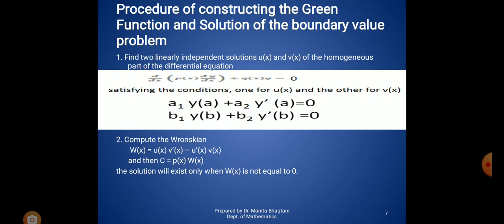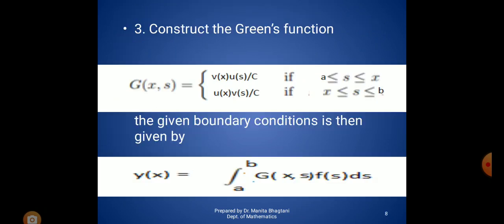After calculating the Wronskian, we come to C. What is C? C equals p(x) into W(x). The solution will exist only when the Wronskian is not equal to 0. Third step, construct the Green's function.